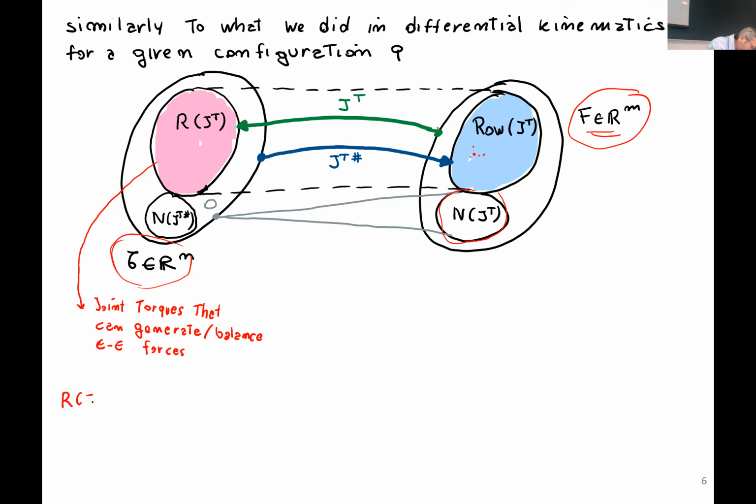And this is a set represented by the vector tau belonging to Rn, such that there exists a force in Rm where J transpose F is equal to tau.